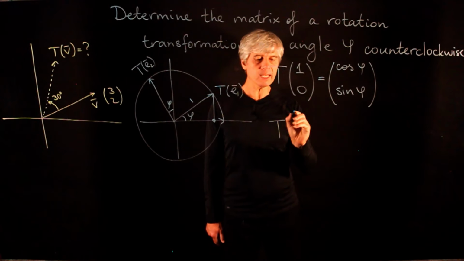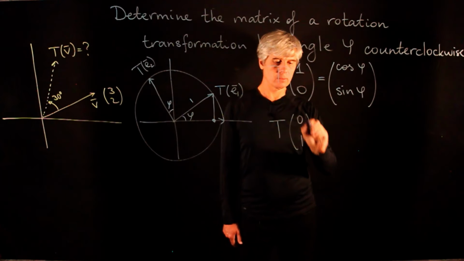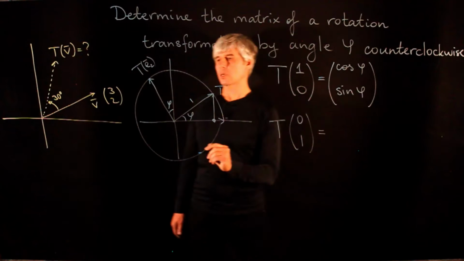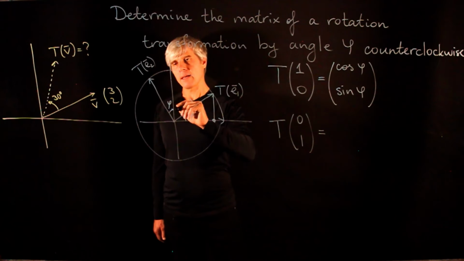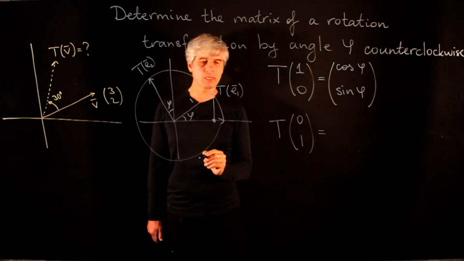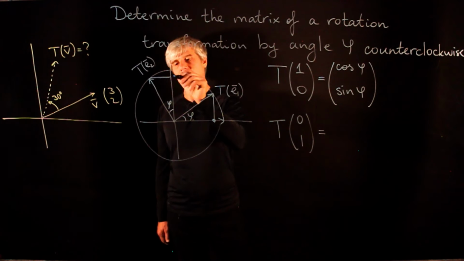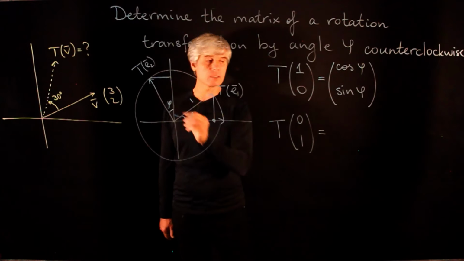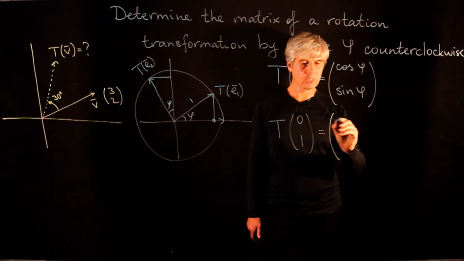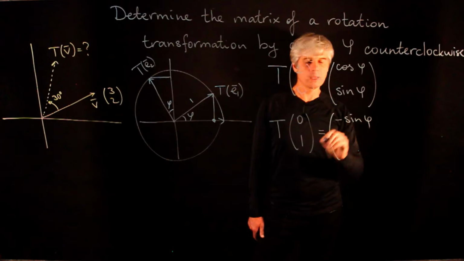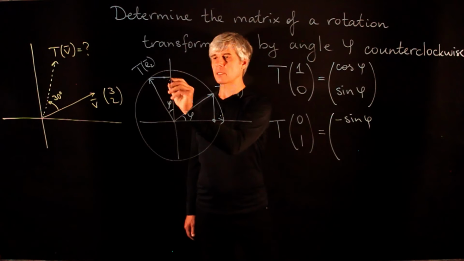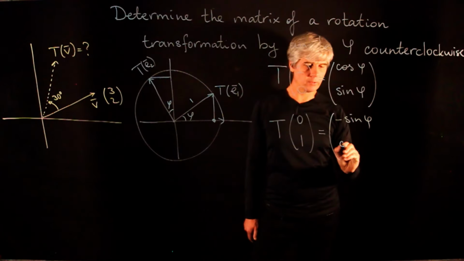And for the second basis vector, E2, we see that the x-coordinate is the sine of this angle phi, but with a negative sign. So this is negative sine phi. And the y-coordinate is going to be the cos of phi.